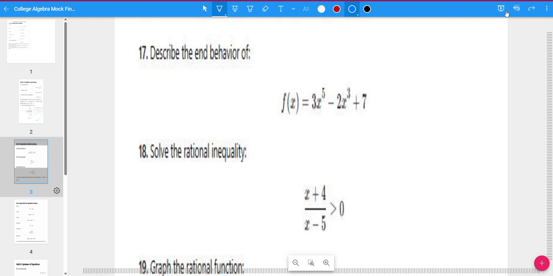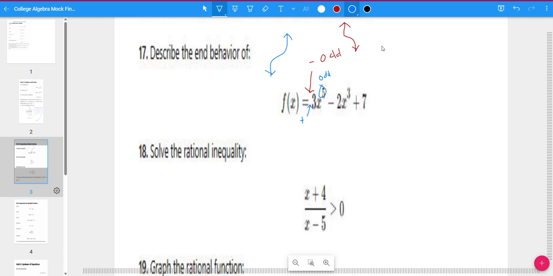So this one, because this is positive and because this is odd, it's going to look something like this right here, roughly, at the ends. If this was negative, so let's do it in red, if this was negative and odd, this would look like this instead.